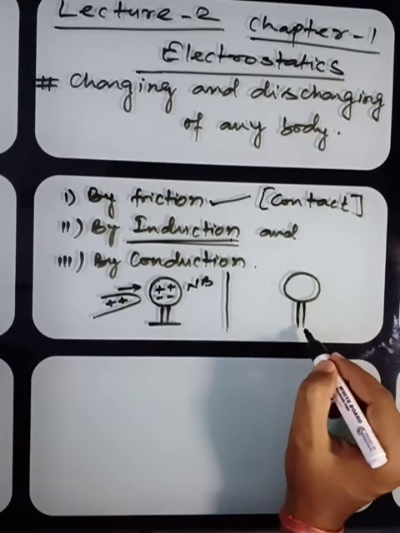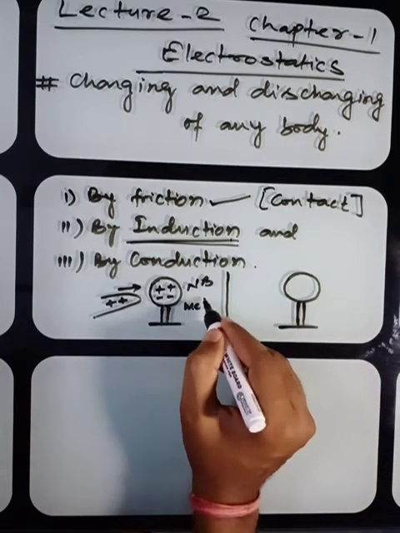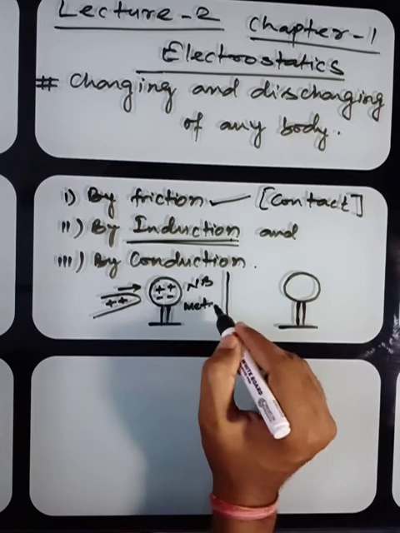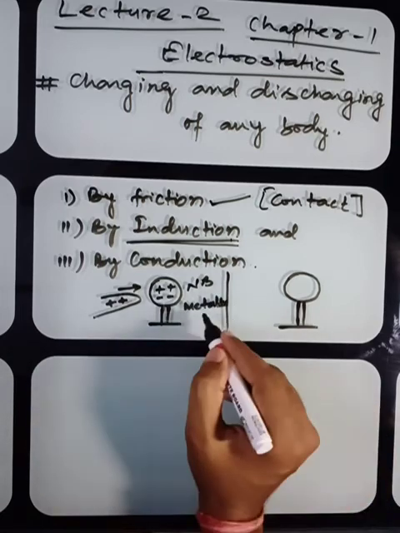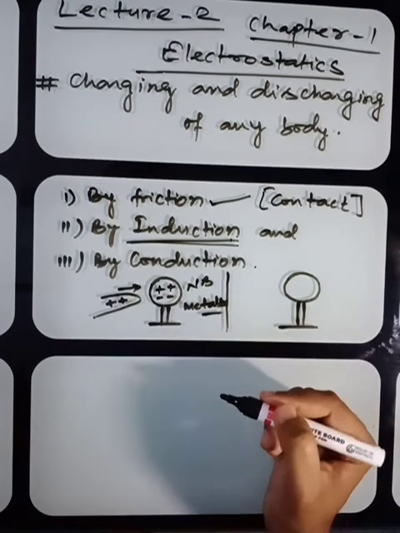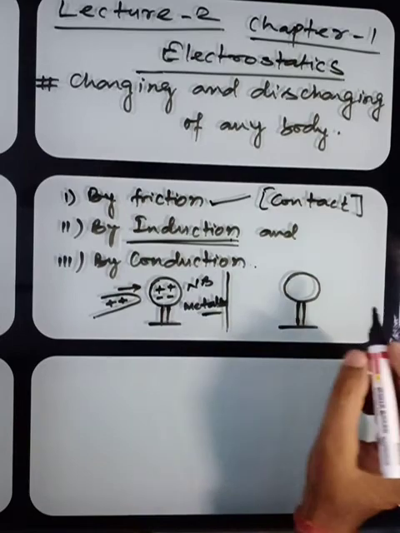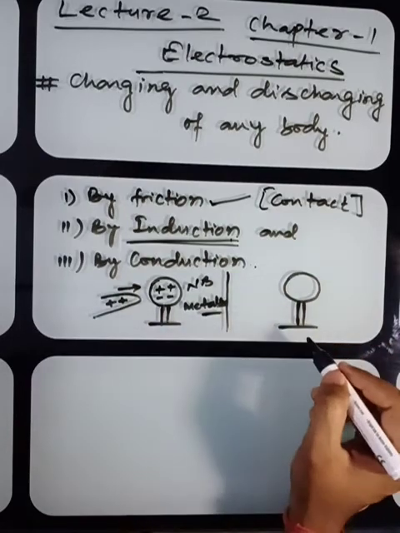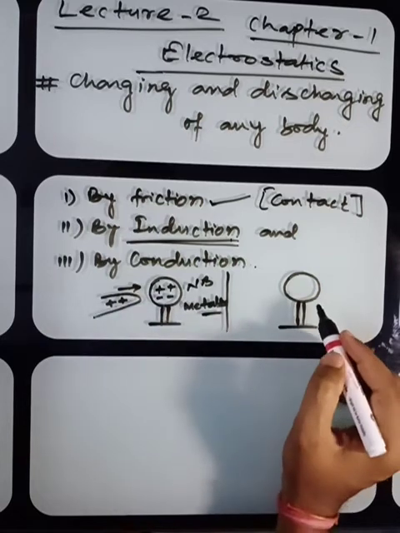This neutral body is metallic, in which charge can easily move within the body. Now a positively charged rod is brought near the neutral body.